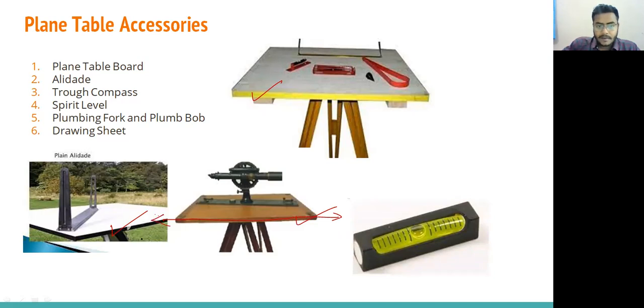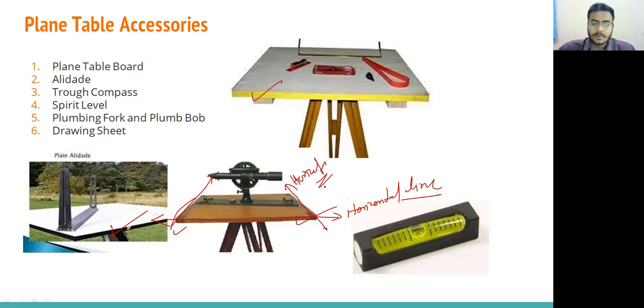The line taken along the edge should be horizontal, like this direction and also this direction. So we can say this plane table board is on proper level. Leveling is done properly.